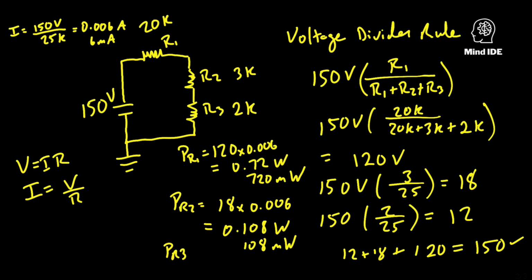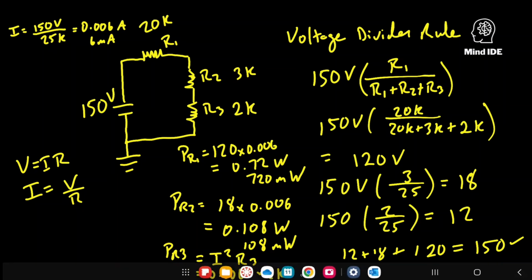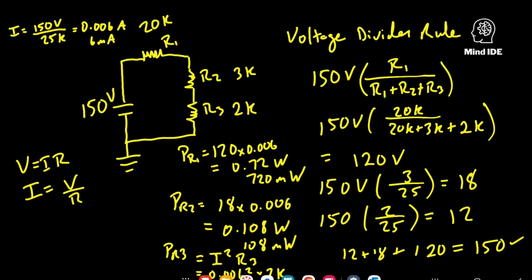PR3, which we can do the other way if we want, which is I squared R3, which would be 0.006 squared times 2 k ohms.